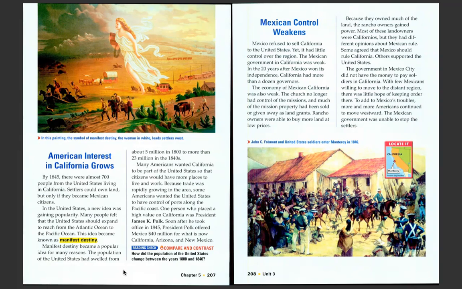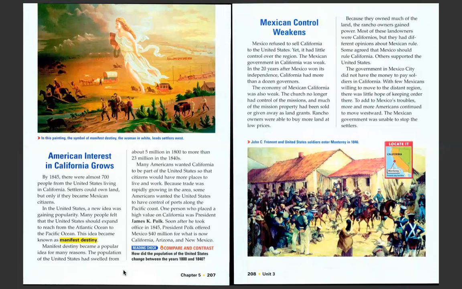Mexican control weakens. Mexico refused to sell California to the United States, yet it had little control over the region. The Mexican government in California was weak. In the 20 years after Mexico won its independence, California had more than a dozen governors.